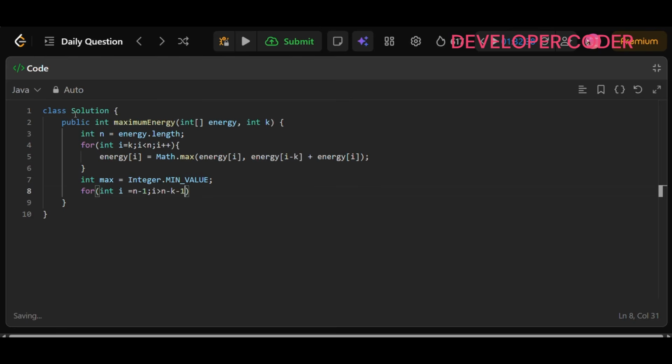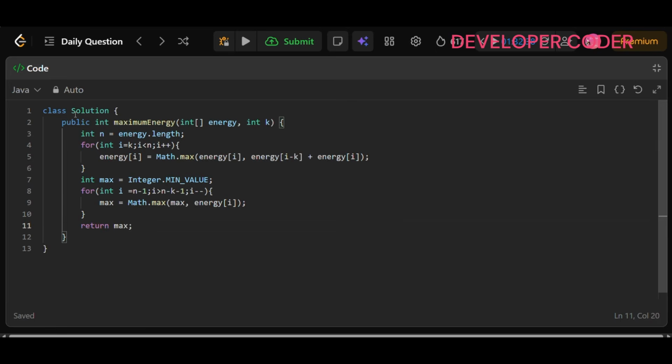So i should be greater than this, and i minus minus, and here I'm just simply updating the max as Math dot max of max and energy at this particular index, energy of i. That's it. And in the end I have to simply return max.